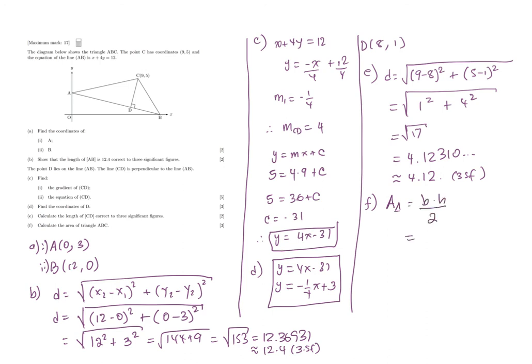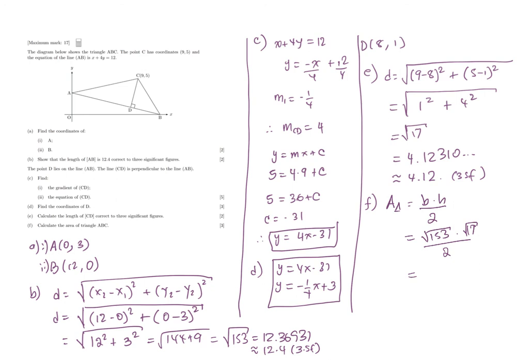So in this case, the base is the distance from A to B, which is the root of 153, times the height, which is the root of 17, and then divided by 2. Notice that I'm not using the rounded answers. In this calculation, I'm using the exact values, and then I'm going to round the final answer.